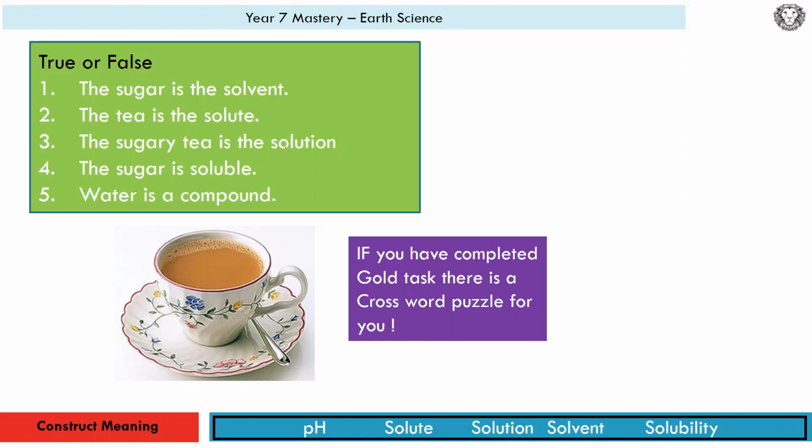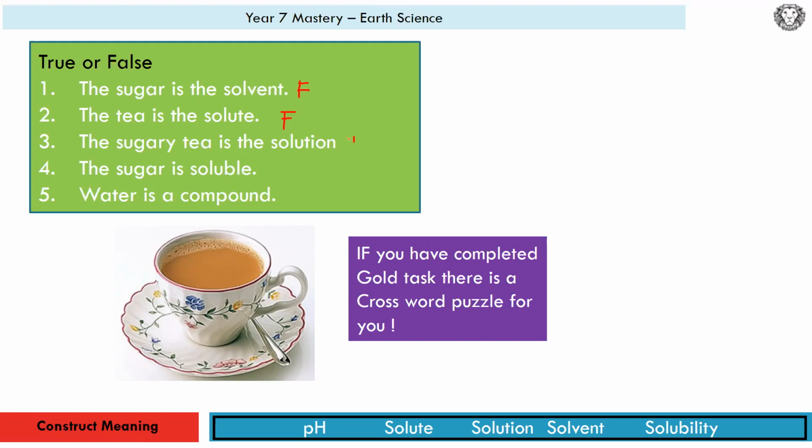Okay, so now that you've done that, let's go through the answers. Sugar is the solvent. That's false. Sugar is not the solvent. Tea is the solute. That's false once again. Sugary tea is the solution.